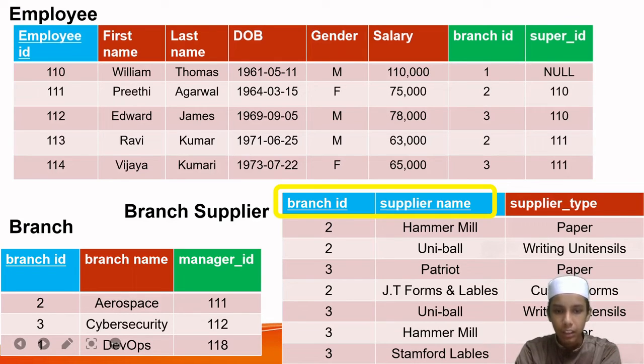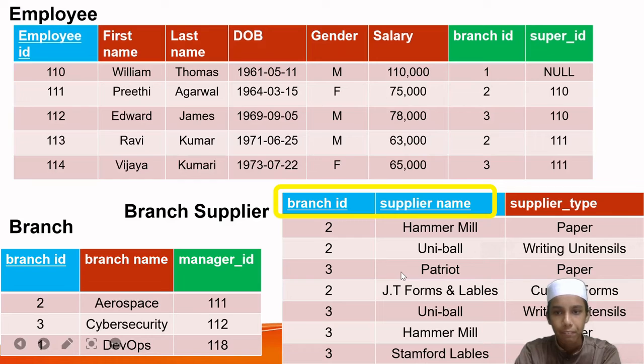So in the branch table, in the second column, hammer mill and Uniball are not unique. They are repeated. And in the table, branch ID also has the same things repeated, like hammer mill is supplying to aerospace, and again Uniball is supplying the same things to him.